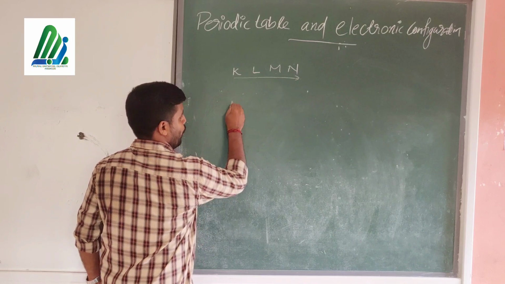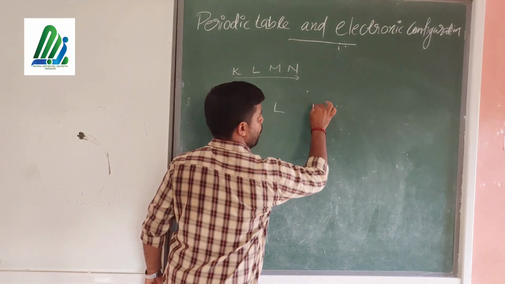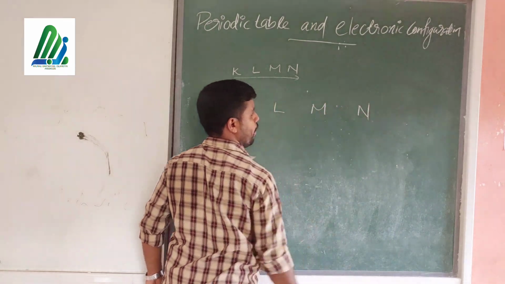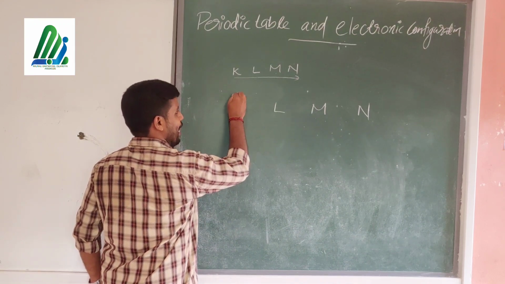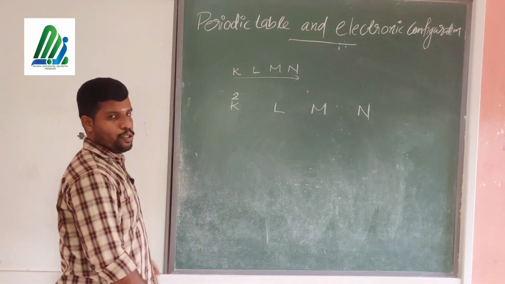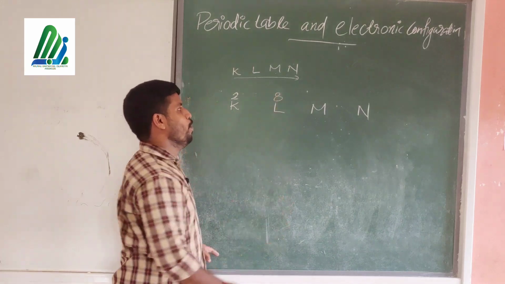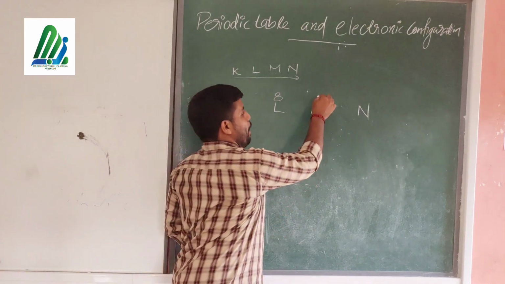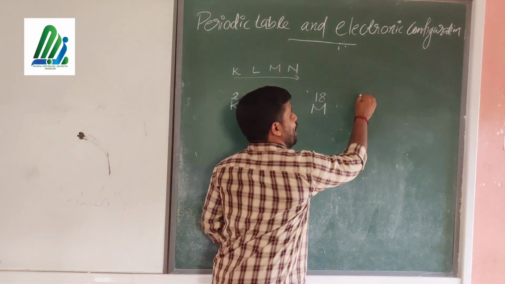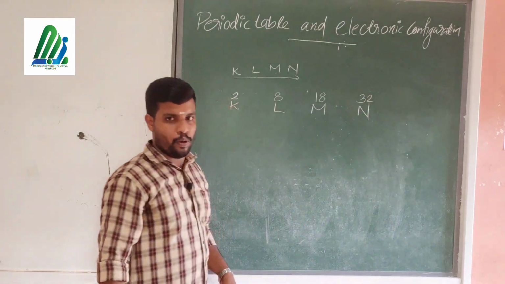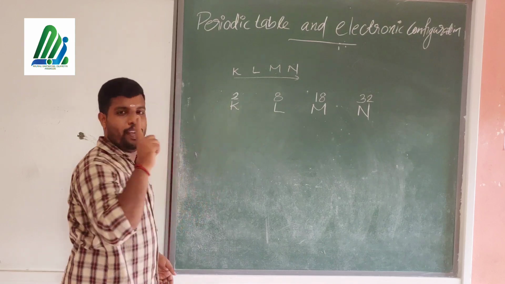So the shells, we know again, are K, L, M and N. The maximum number of electrons possible to accommodate in K shell is 2. In L shell, it is 8. In M shell, it is 18, and in the N shell, it is 32.